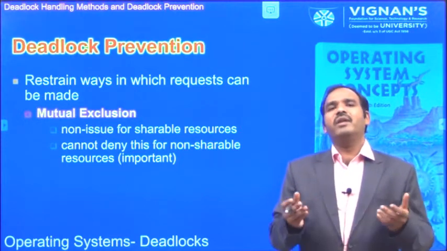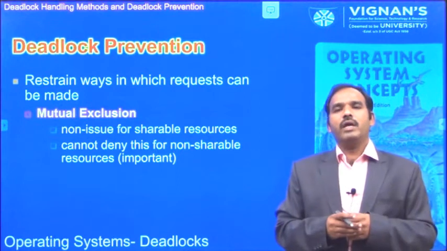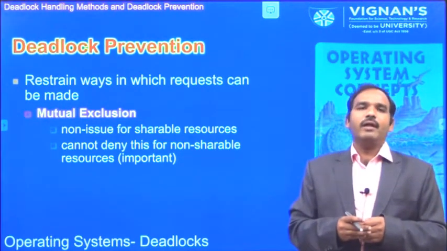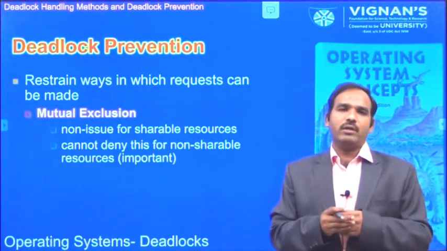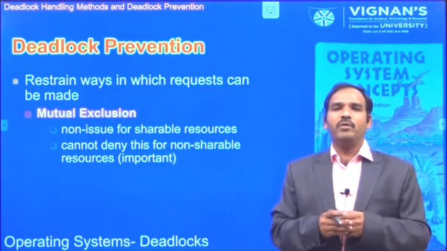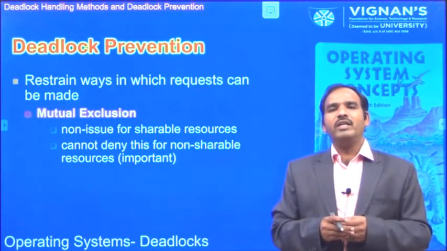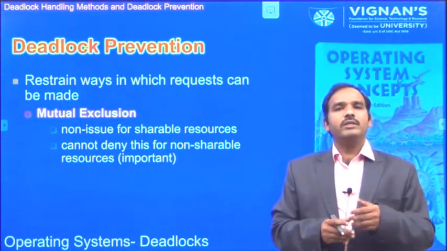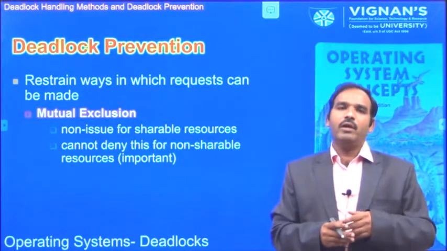We cannot eliminate the mutual exclusion condition for non-shareable resources like a printer. But we can eliminate it for shareable resources. Shareable resource means, for example, a read-only file. If the file is read-only, you can allow multiple processes to read the file at a time. Those are shareable resources. The best example for a non-shareable resource is a printer.